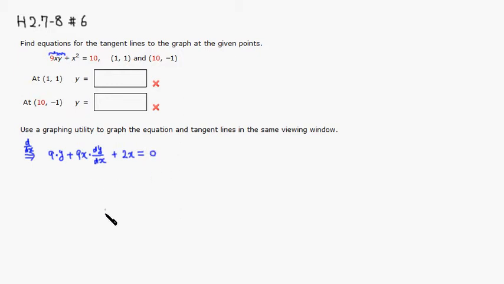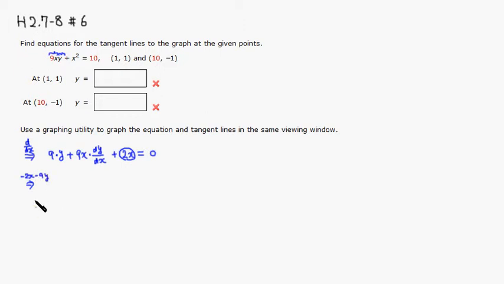Then we need to put all the terms that do not have dy over dx onto the other side. First we can subtract 2x, so that goes to the other side, and subtract the 9y as well.